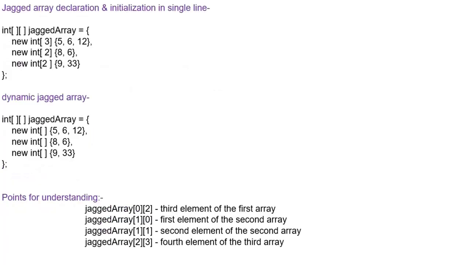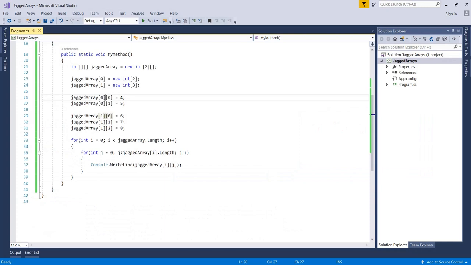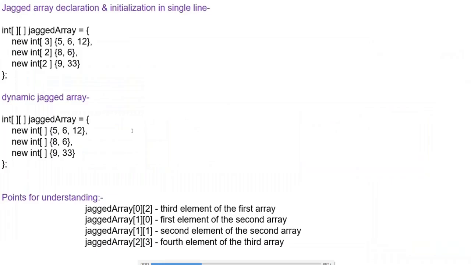Now jagged array declaration. Instead of this line, we can merge declaration and initialization into a single line.